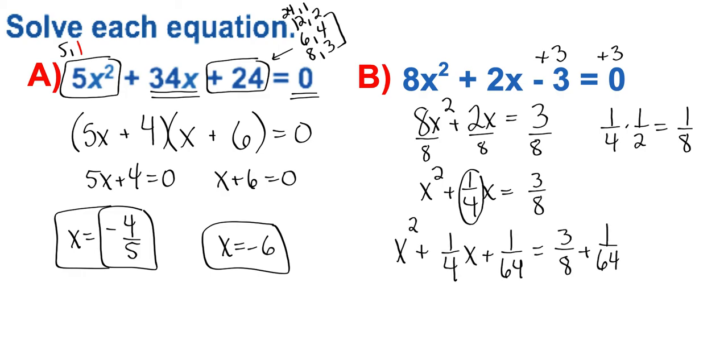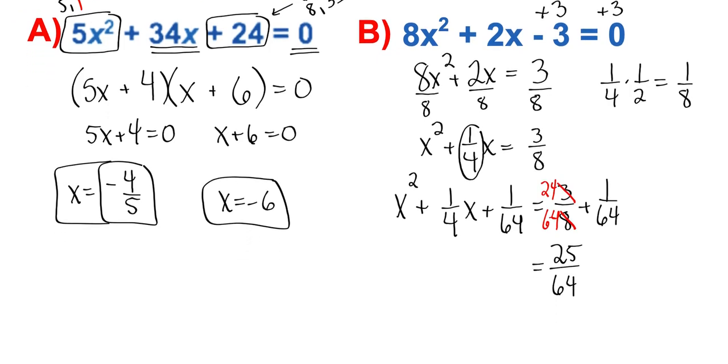So I add 1/64 to both sides, and I'm going to have to add this stuff together. Okay, so we got to get common denominator. So I got to take this one times an 8 on the bottom, so that would make it a 64. Take this one times the 8, we get a 24. So then on the right here, we're going to have 25 over 64.